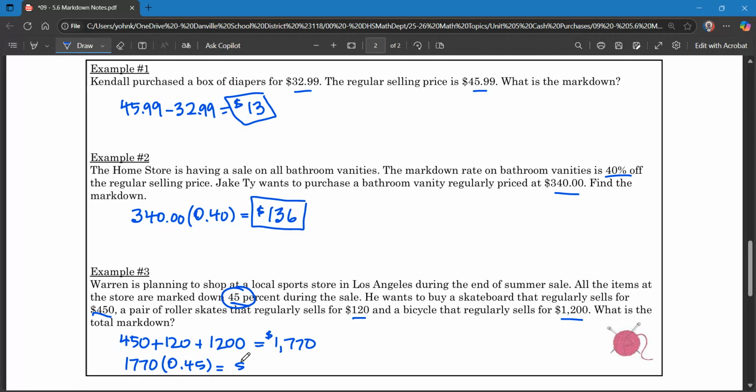This gives me a total markdown of $796.50. Kids, don't get this confused with how much you're actually paying for the item. This is not how much you are paying for the item, but this is how much you are saving. This is your discount. This is your markdown.